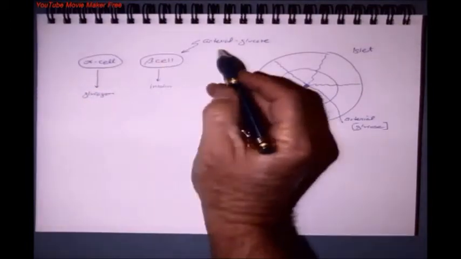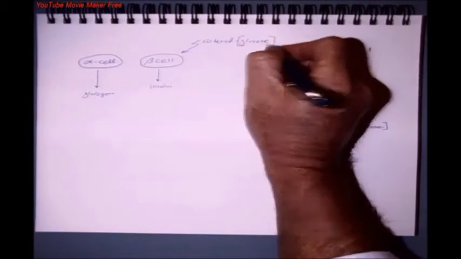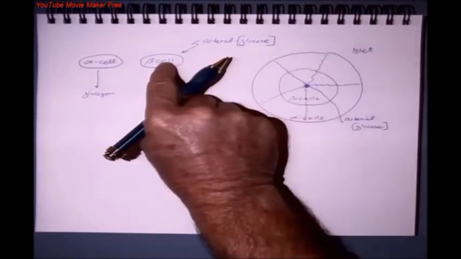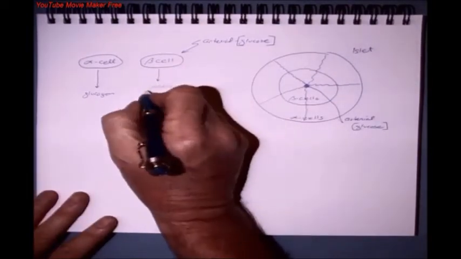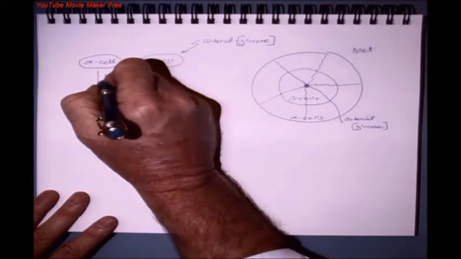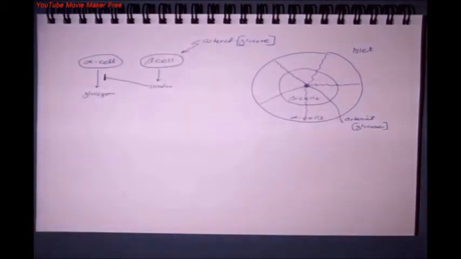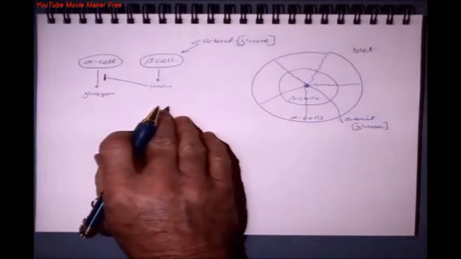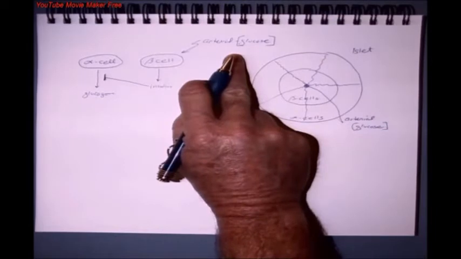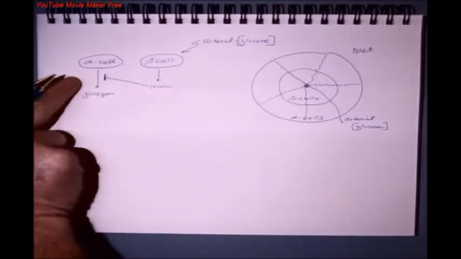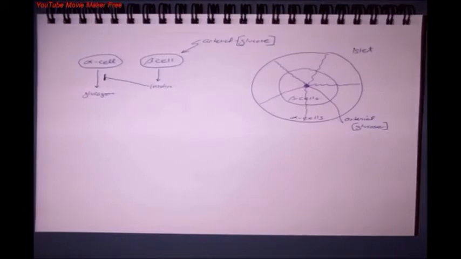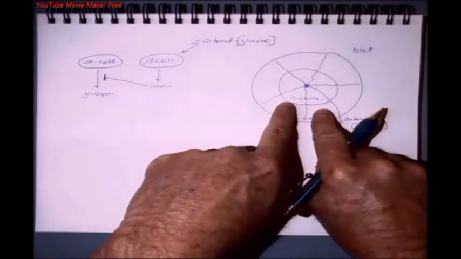So when the beta cells sense higher glucose concentrations in the blood, they respond by secreting insulin, and the insulin is going to block the secretion of glucagon from the alpha cells. This is how we have high glucose levels in the blood, high insulin levels, and decreased glucagon signaling. And it all has to do with the architecture of the islet.